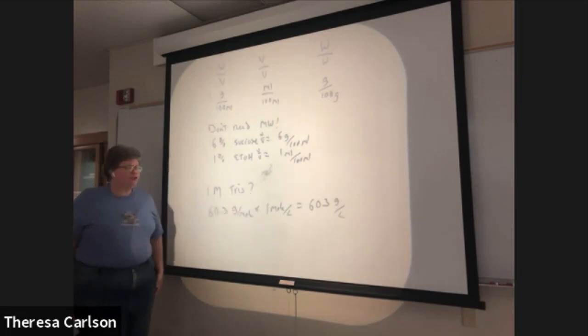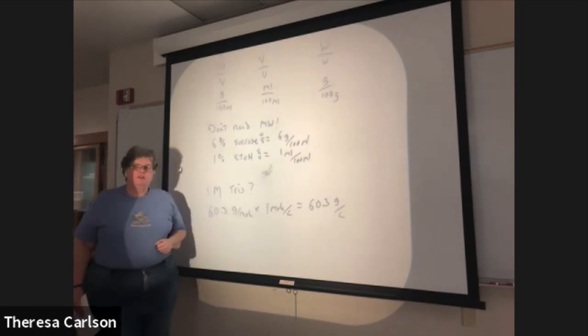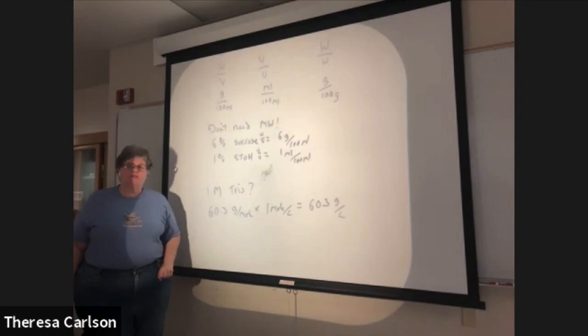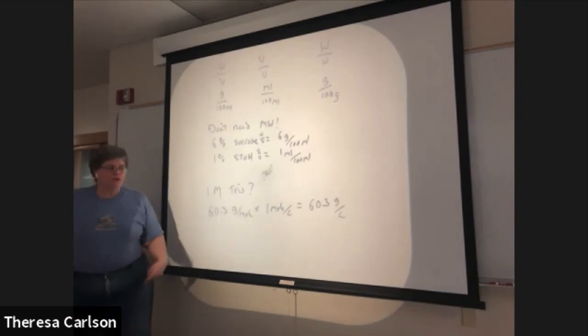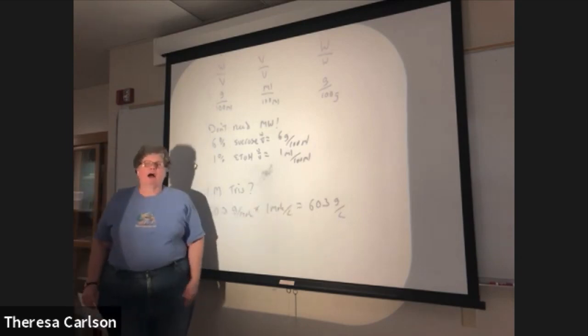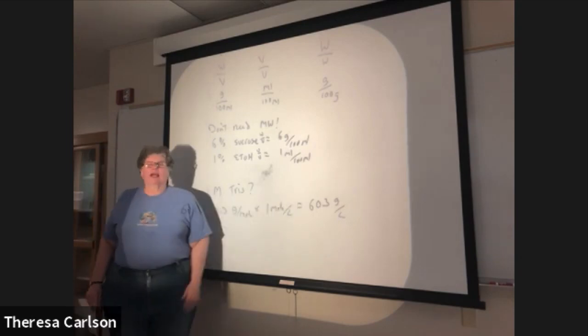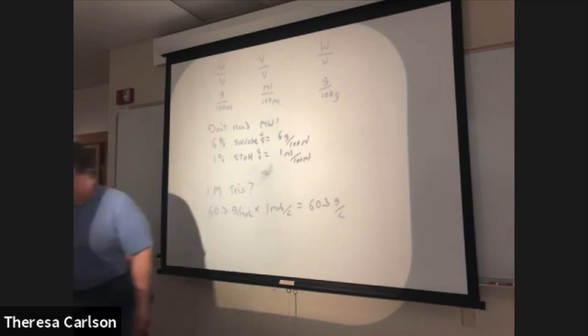So if, for example, you wanted a 0.5 molar solution, you would say 0.5 instead of 1 molar here. Or if you weren't making up a complete liter, you'd say, "I'm only making up a half liter." Well, then you can multiply this by 0.5 liters to get the 30.15 grams that it would be if you were only making up 500 mils.